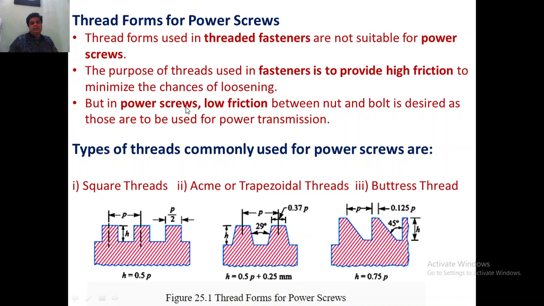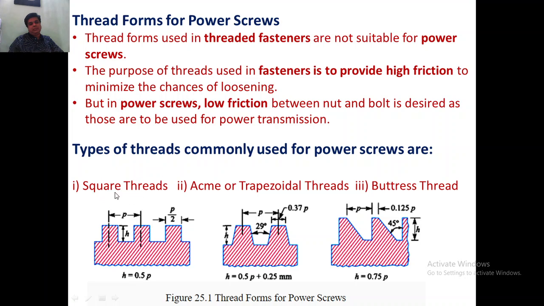Based on the applications, we use different forms of threads in power screws. Basically we use these three types of thread forms.